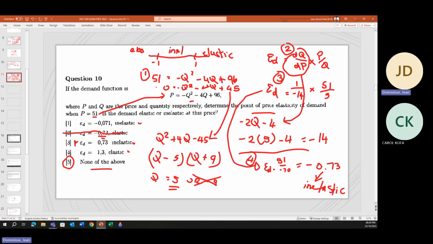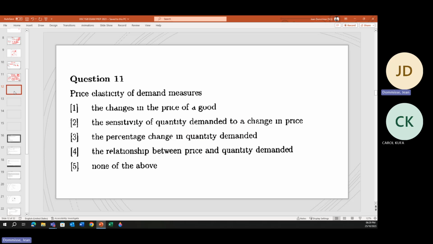Okay, so this is probably one of the more difficult ones that you can get in the exam. Okay, so now a good example of a definition question.